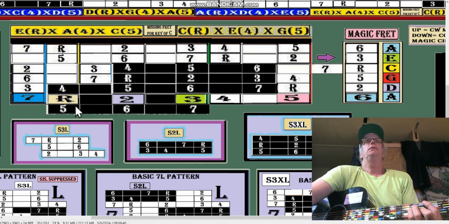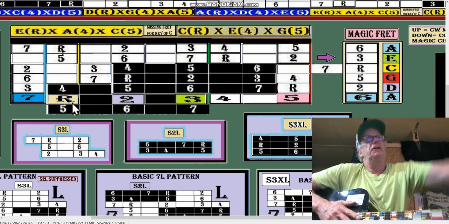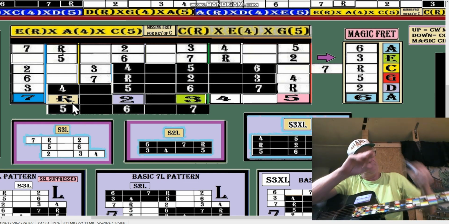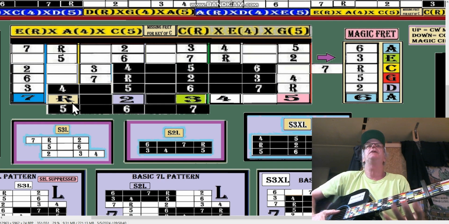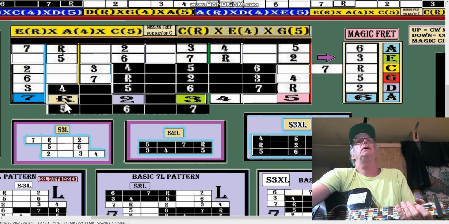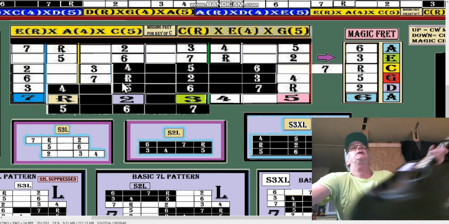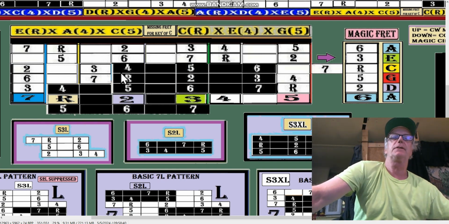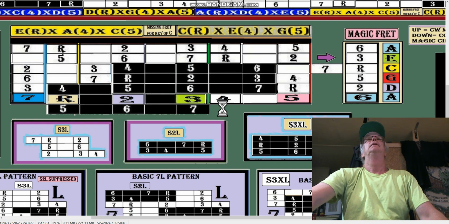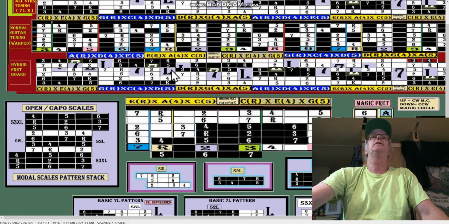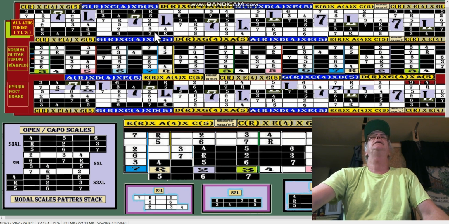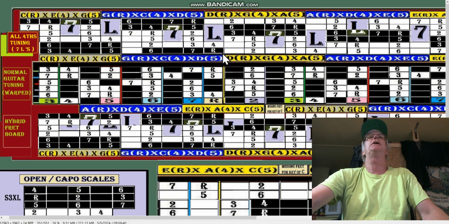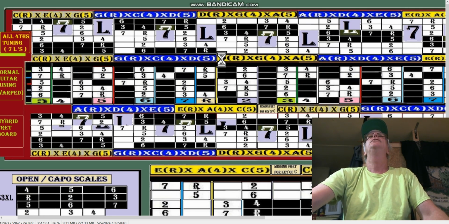The problem is if you have a capo here, you can't do the E pentatonic, because it would be root 2, 3, 5, 6, 7. Now that brings us to the subject of this lesson. And that is on that E, which is root. So let's zoom on up here.